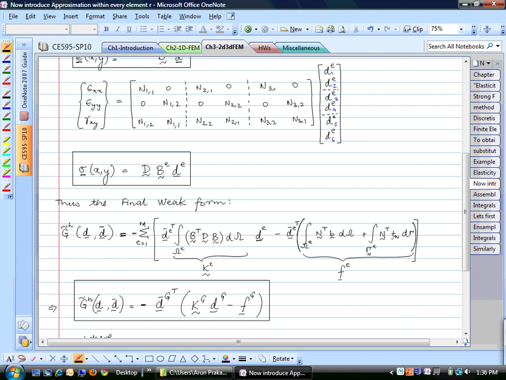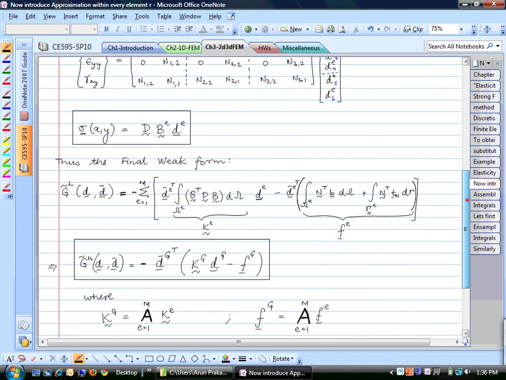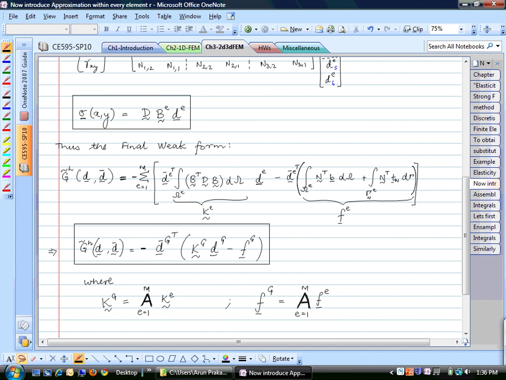And then finally, when you assemble all your element stiffness matrices, you will get the familiar equation K times D is equal to F. So this is where we stopped last time.